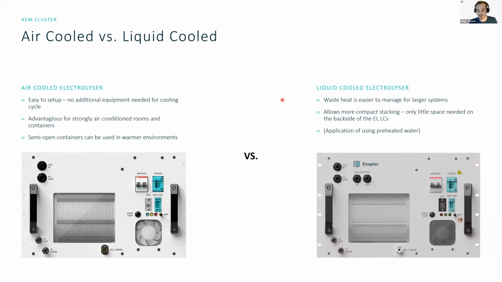Also, in some specific cases, it is possible to use the heated water which comes out of the electrolyzers. You're feeding the liquid-cooled electrolyzers with cold water, and then warm water comes out. However, I put that in brackets here because it really depends on your specific application. In many cases, it either might not be possible or it might not be efficient. So please consider that.